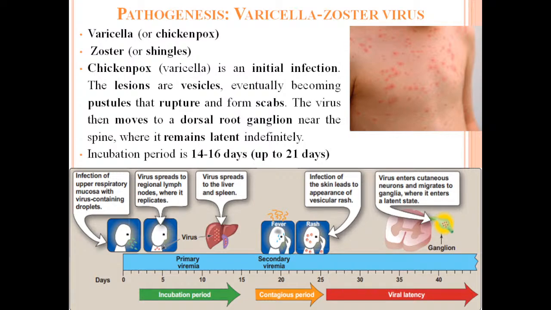So how does chickenpox develop? Infection. Firstly, I have said that it's transmitted by contact with vesicles, or through airborne route, because these vesicles are also present in the mucosal membrane of the mouth.